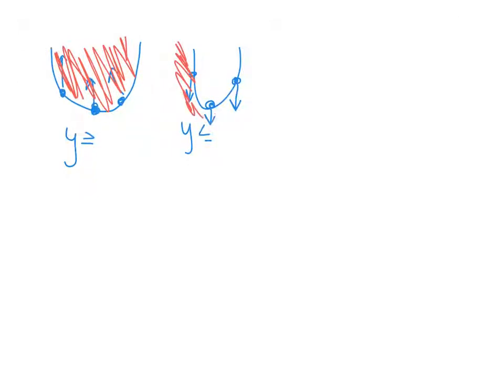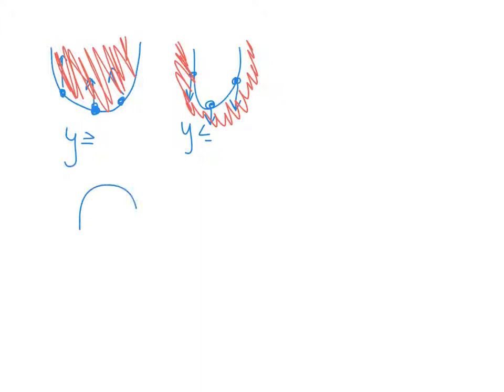So you're coloring inside when it's greater than and right side up. Then you have a right side up parabola, but y less than or equal to. Well, here's a y value, and you want less than that. Notice these are on the outside of that parabola. So you would shade on the outside of the parabola.